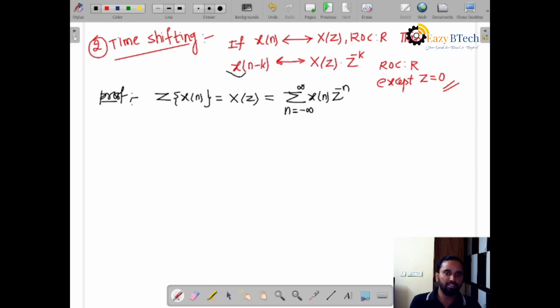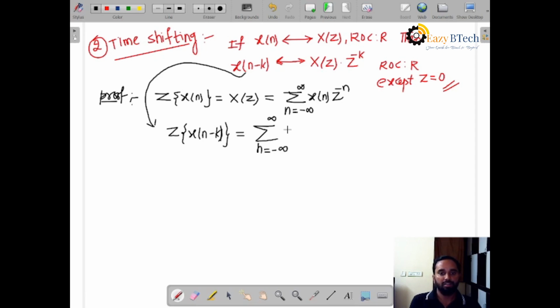Now take the LHS, that is Z transform of x of n minus k. So Z transform of x of n minus k is equal to summation n is minus infinity to plus infinity x of n minus k z power minus n.